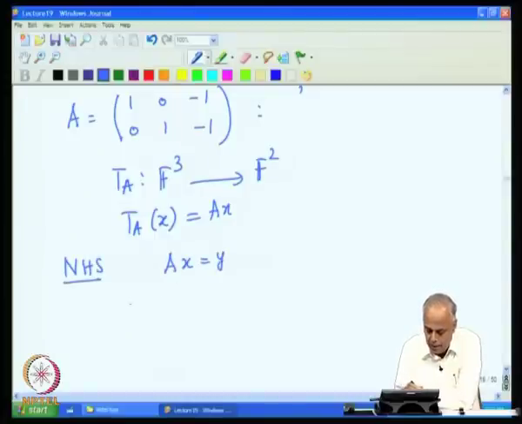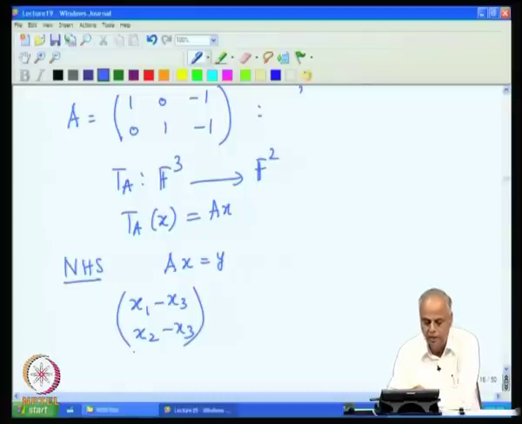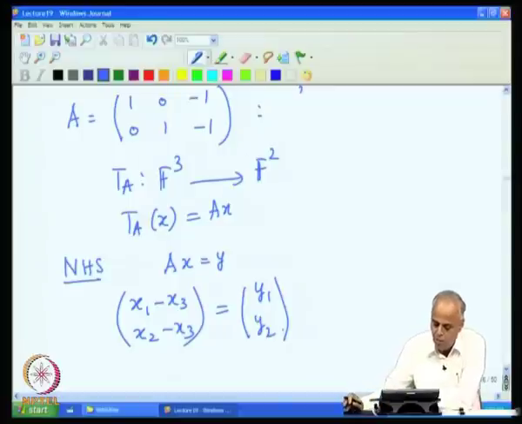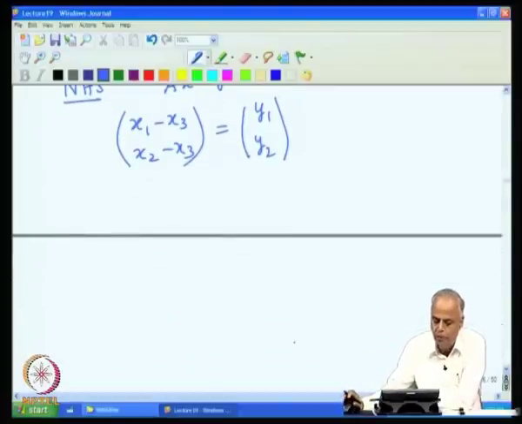That means, Ax is (x1 minus x3, x2 minus x3), that is what Ax is. If you take a vector (x1, x2, x3) and pre-multiply by the matrix A, you get this, and we want this to be equal to (y1, y2). We want to know for what y1 and y2 will this system have a solution.